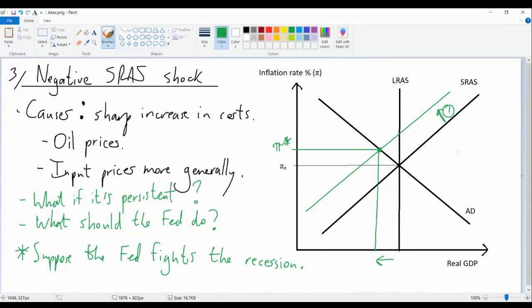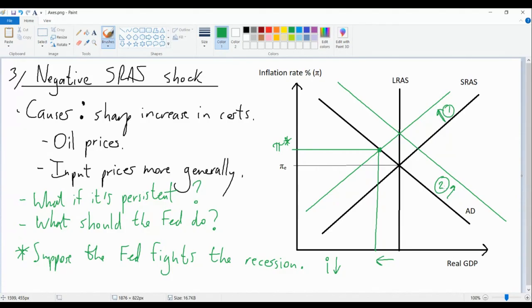Well, to fight the recession, we want to increase GDP, so we want to encourage spending, which means we want to lower interest rates, just like with a negative demand shock. What will that do? It shifts our demand curve over here. What has the Fed achieved by doing this? They would have achieved two things.